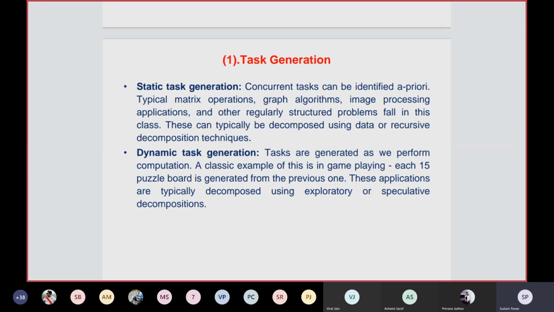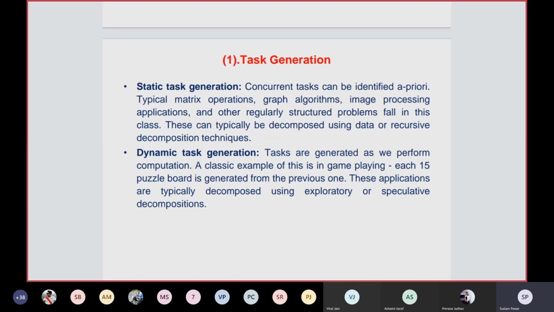Generally static tasks are generated using the recursive decomposition technique, or sometimes you can use the data decomposition technique as well.